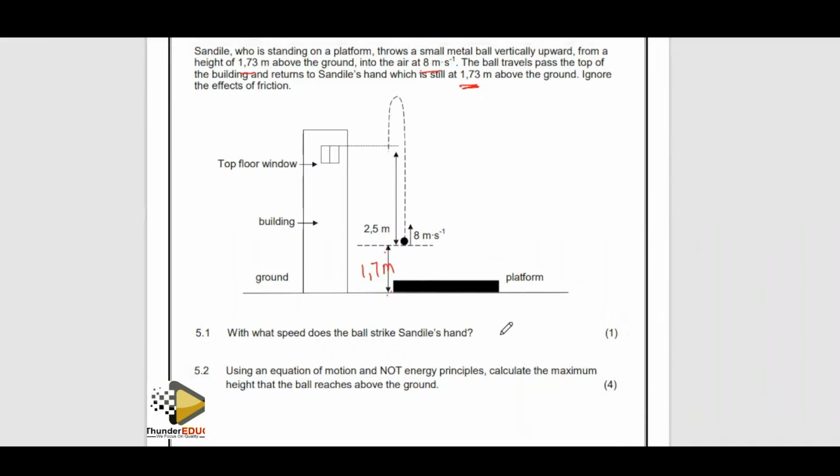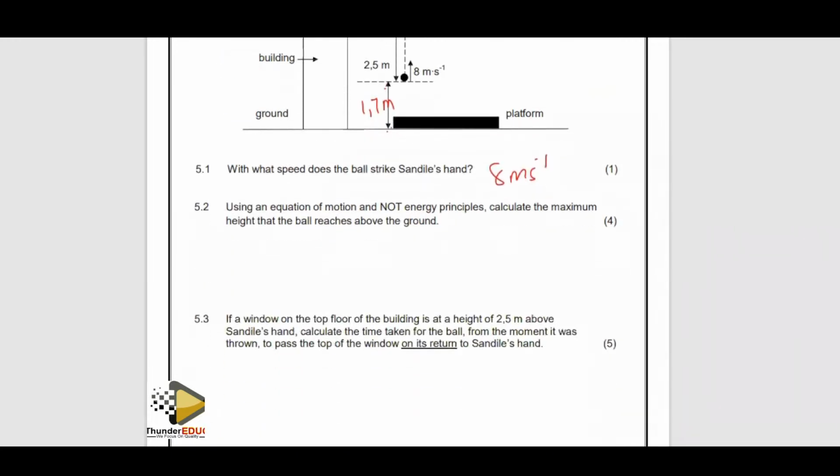So the ball was projected at 8. Since Sandile is still just at the same point, we're gonna say it's 8 meters per second. Nothing changes. Since we are ignoring friction, it's just gravity that is doing the work.